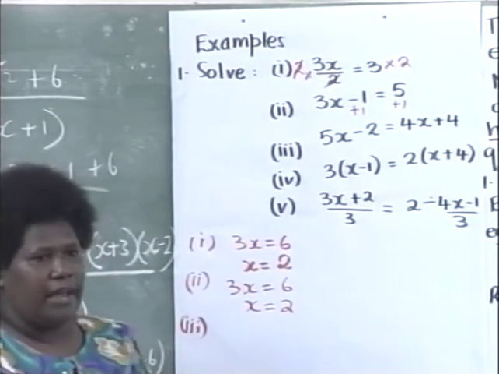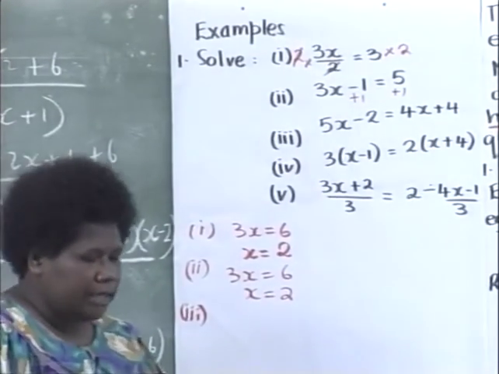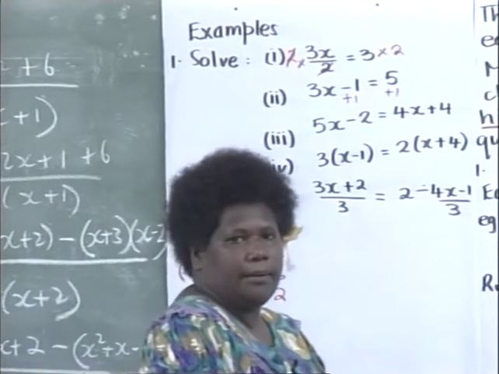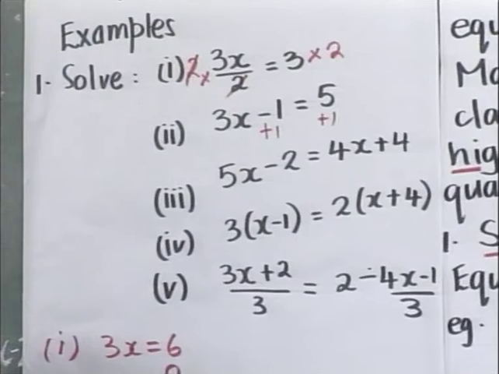Right, number 3, 5x minus 2 equals 4x plus 4. I want x by itself on one side of the equation. Now, what must I do? Andrew? Get the like terms on both sides of the equation.